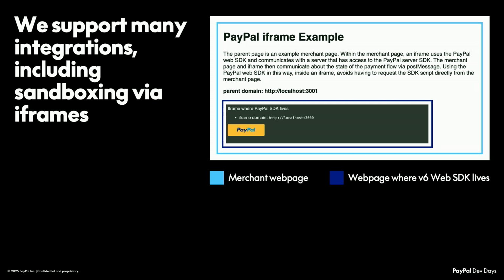So you can see here in the light blue, that would be the merchant's e-commerce site. And then the dark blue square, that would be a separate HTML file where the V6 SDK lives. And then you can communicate between the iframe and the parent page.